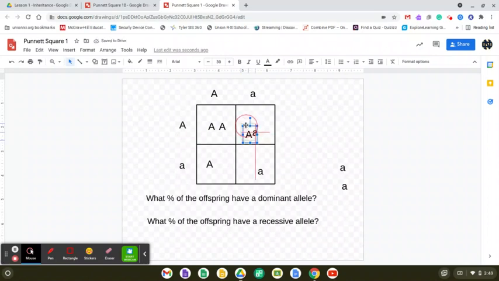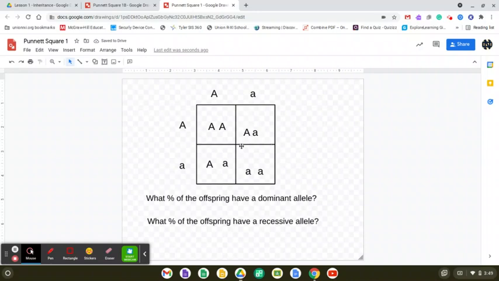We tend to put the capital letter in front of the little letter, at least I like to, just because the capital letter is the dominant one, and so it's going to hide the recessive, the little one. Now this little recessive one is going to go all the way across to both of these boxes.